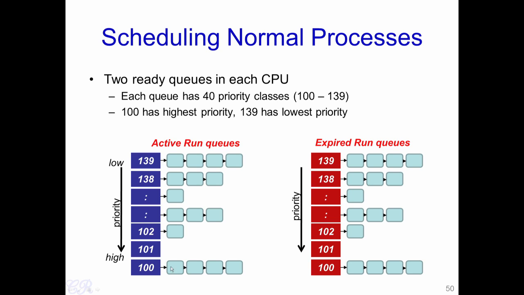On the other hand, a process present in the 100th priority class has a higher priority to execute with respect to a process present in the ready queue corresponding to 102. Now, based on this priority class, the scheduler maintains two such queues. One is known as the active run queues and the other one is known as the expired run queues.